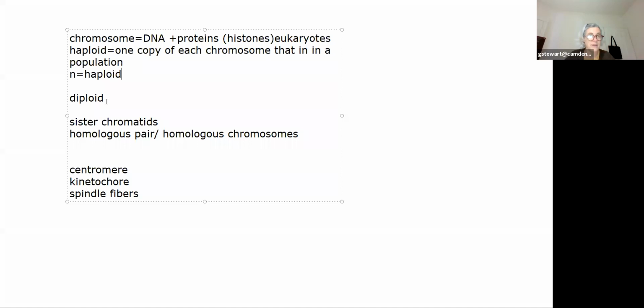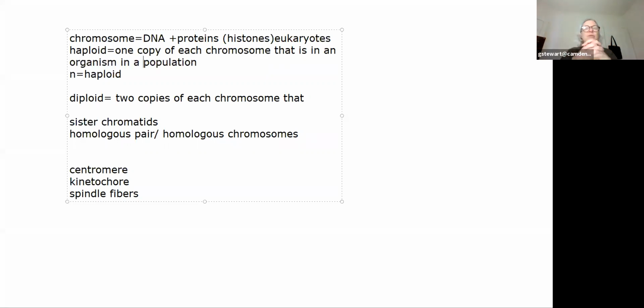Now, a diploid cell or a diploid organism is going to be an organism or a cell that has 2 copies of each chromosome. I shouldn't say that is in a population. That's not right. We should say that is in an organism in a population.